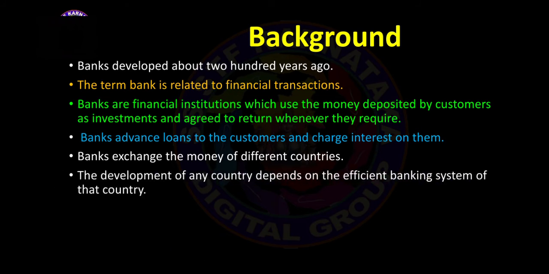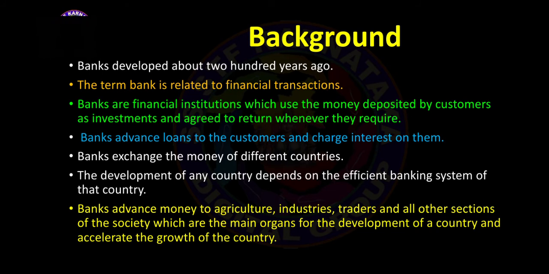The development of any country depends on the efficient banking system of that country. Next, banks advance money to agriculture, industries, traders, and all other sections of society, which are the main organs for the development of a country and accelerate the growth of the country.